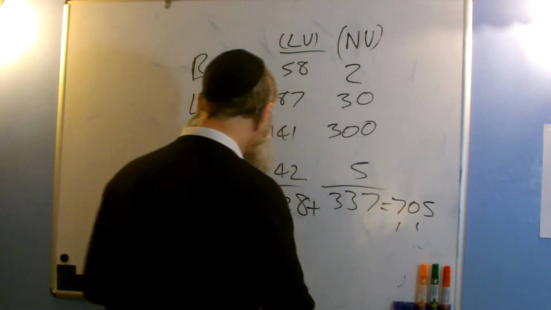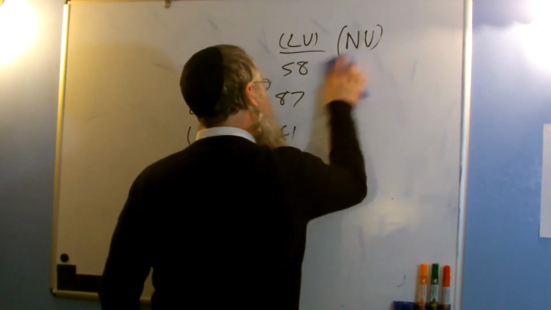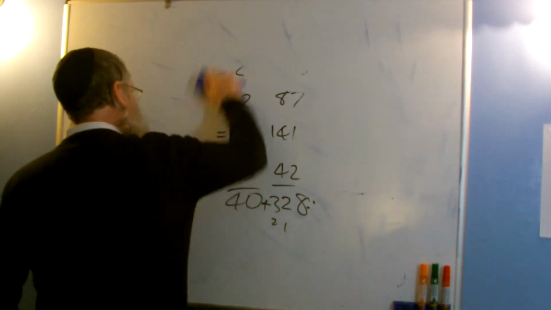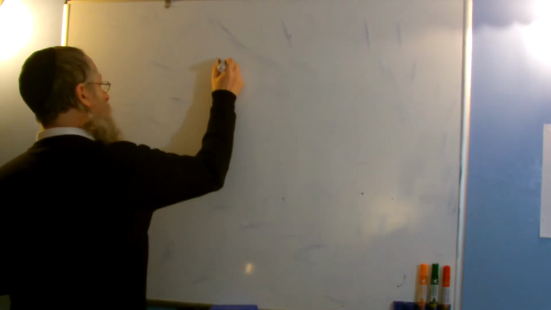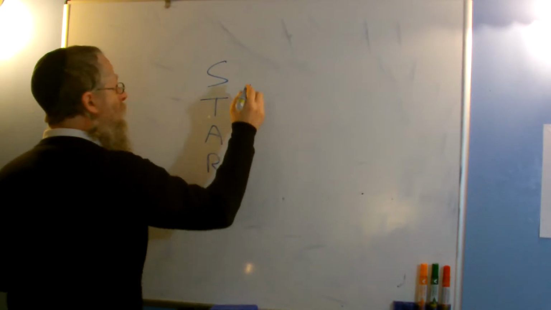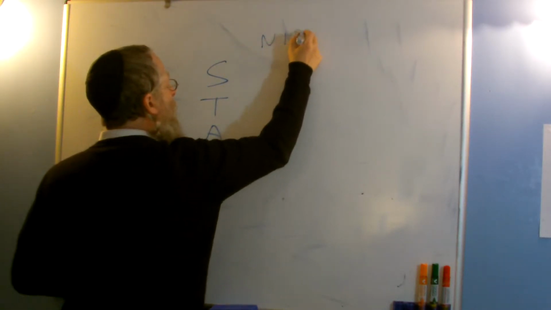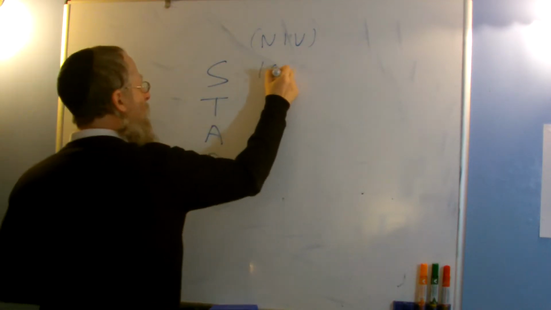Now we've had the large value of David to be 361, 19 squared. We're going to look at the word star, because it's also called the Star of David. And we're going to use the NIV values. That means that S is 100 and 100 is 108.